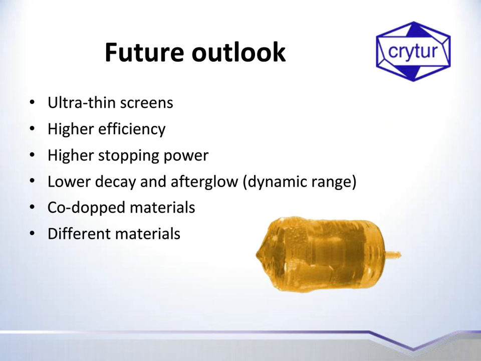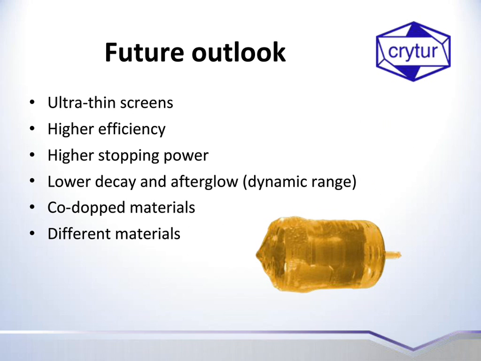Higher stopping power is something which is very interesting for high radiation, and also lower decay and afterglow, because afterglow, as I said, is connected to the residual radiation, and it will have a diminishing effect on the image quality. So what can we do to avoid this process defect?